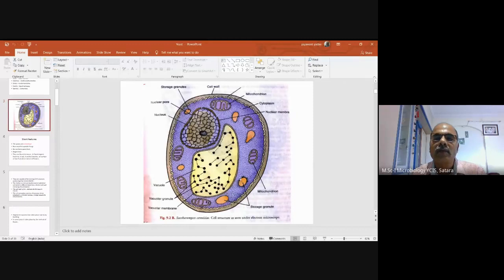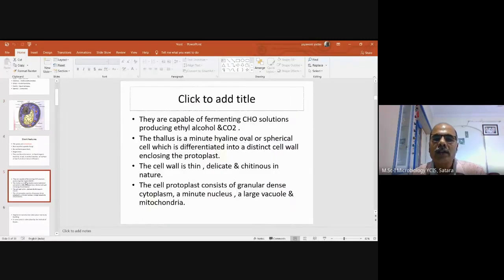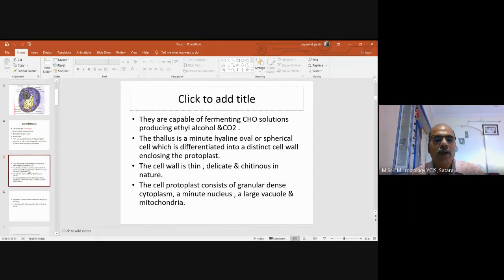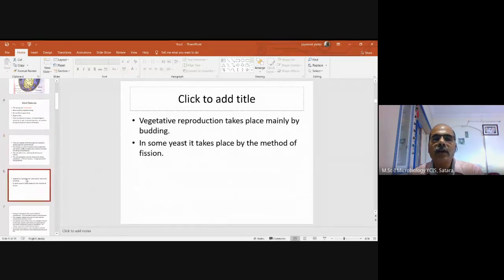Cell wall च्या आतमध्ये काय आहे, protoplast आहे. The cell wall is thin, delicate and chitinous in nature. The cell protoplast consists of granular dense cytoplasm, a minute nucleus, and a large vacuole and mitochondria. The vegetative reproduction takes place mainly by budding.